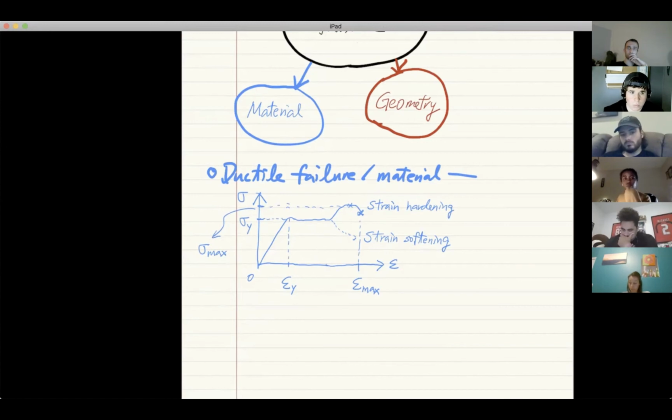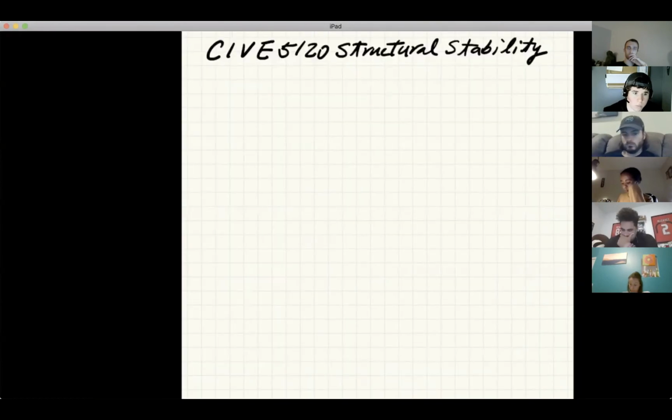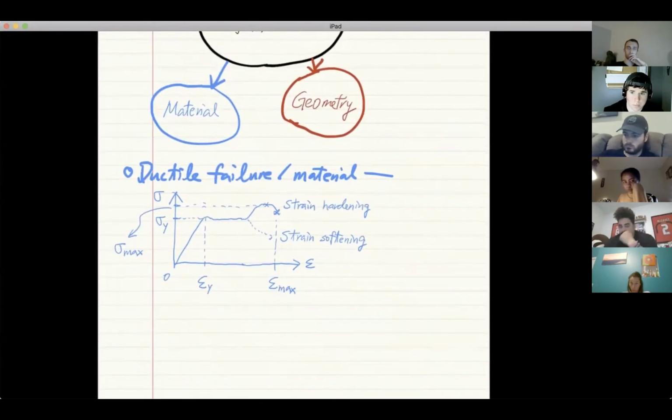So what is a ductile material? A ductile material is defined by this ratio, and that's called ductility. Ductility is defined differently in different contexts. In this case, we will use the ratio between the maximum strain and the yield strain. Ductility is usually denoted by the symbol mu.